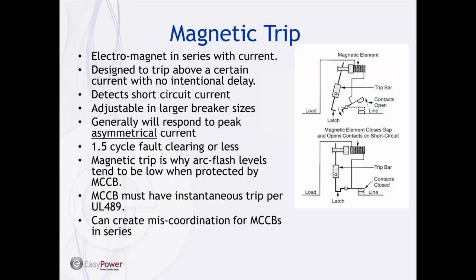So when the breaker trips on its magnetic trip, instantaneous trip, the fault clearing is generally very fast. Typically, 1 cycle, 1.5 cycles, 2 cycles, something in that range. It's extremely fast. And it's this magnetic trip that causes the Arc-Flash levels to be low when the bus or equipment you're looking at is protected by a multi-case circuit breaker that's upstream, because they trip extremely quickly.